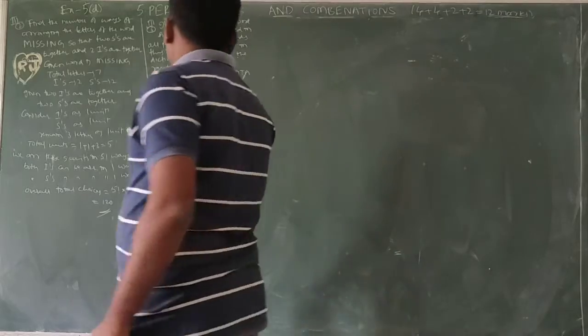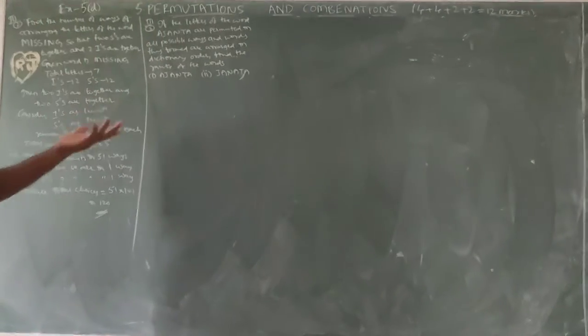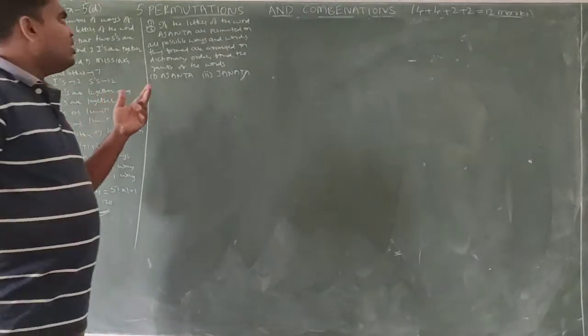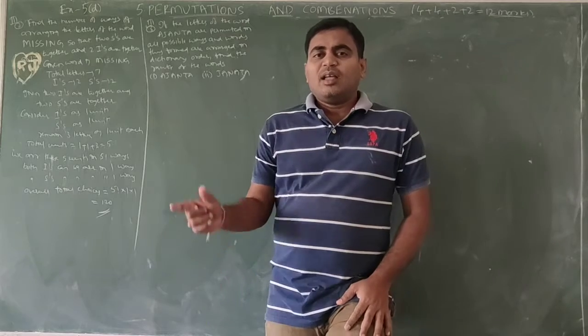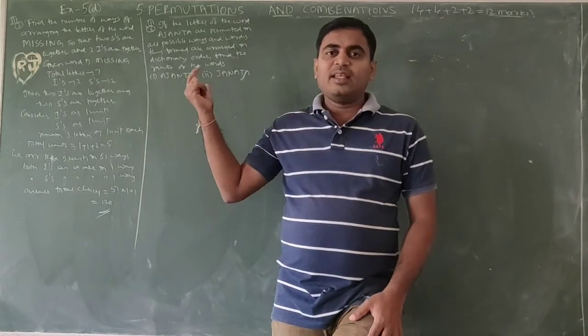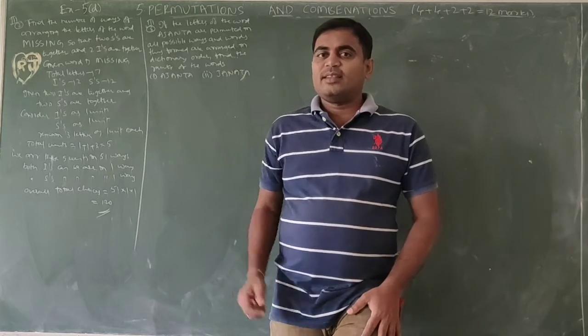First, the word given is AJANTA, and we need to arrange in dictionary order. We have already done problems about ranks, in which none of the letters was repeated, but here the letters are repeated. How we do it when letters are repeated, we will discuss in this class.